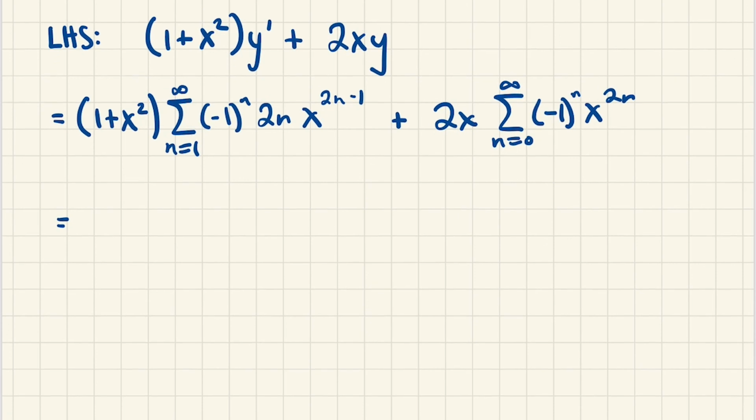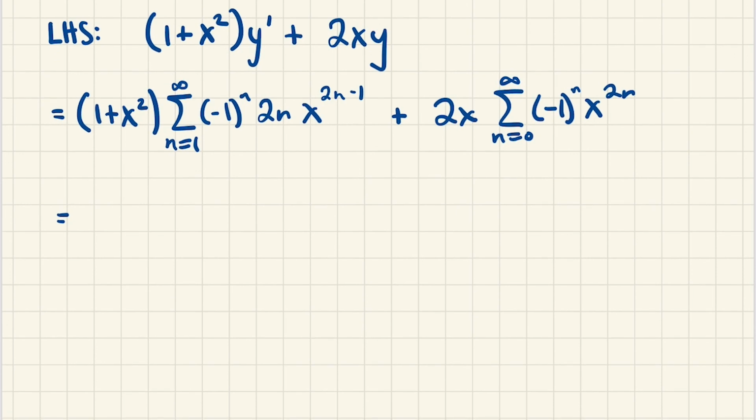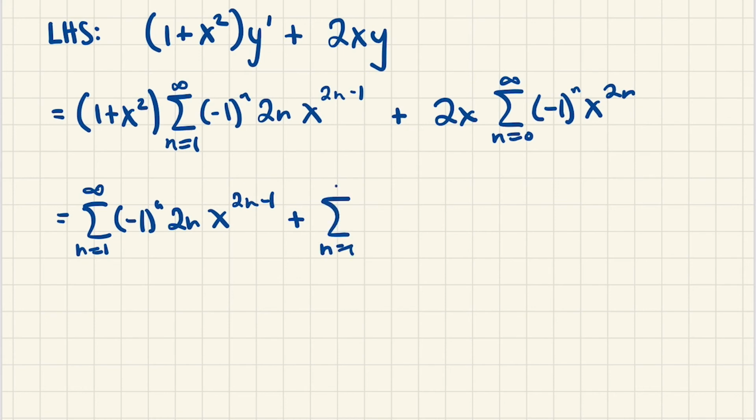Let's distribute the summation here into this binomial, so we're going to get 1 times this series plus x squared times that series. But I think it's a good idea to distribute the x squared into the series right away. So instead of this being 2n minus 1, the power will be 2n plus 1, because we multiplied x to the 2n minus 1 by x squared.